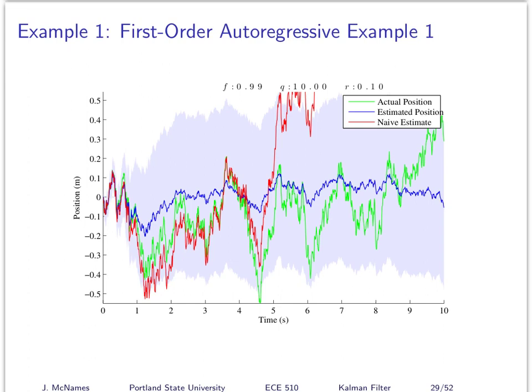And it's cool that it still does some degree of tracking, although it doesn't get very far from 0 in this case, because there's a bias for the state to be towards 0 as soon as you make that less than 1. It's interesting that the naive approach works very well at the beginning, and then at some point it goes haywire.